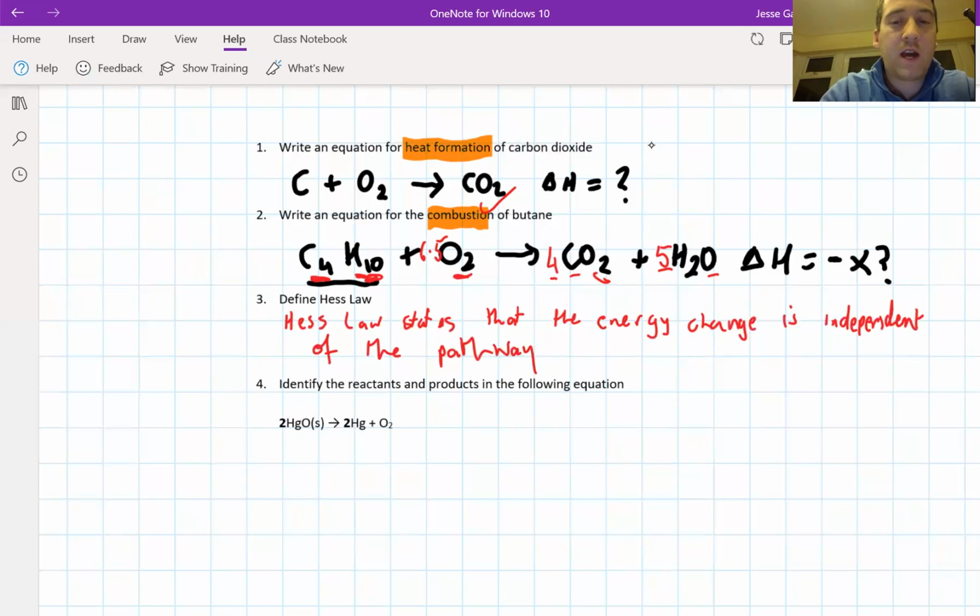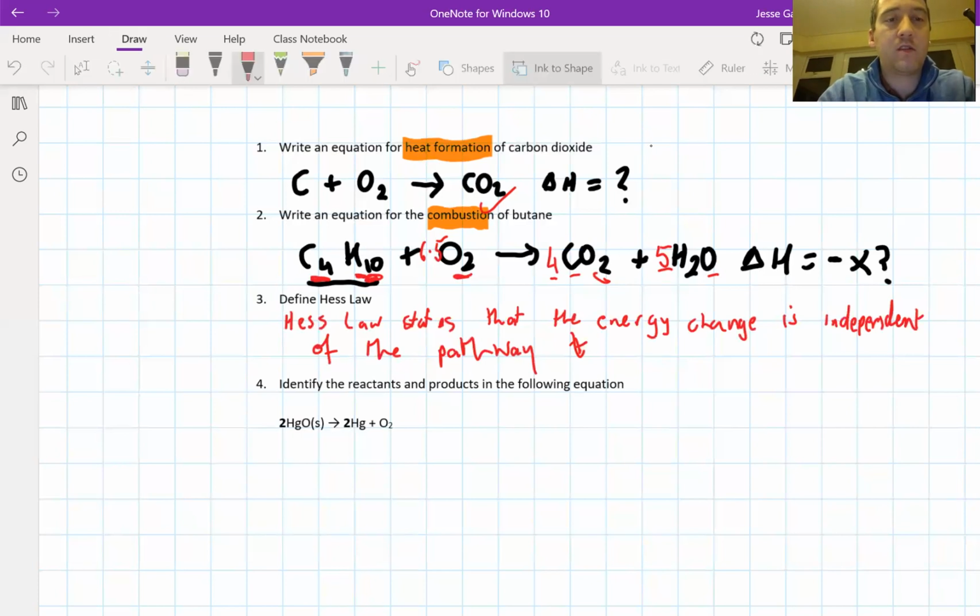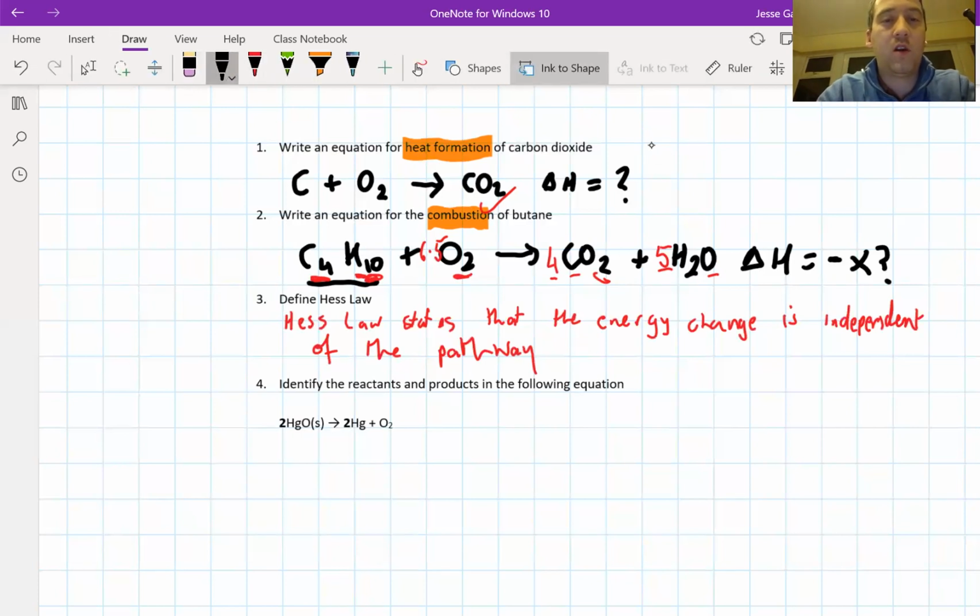So it doesn't matter if it happens in 1 step, 2 steps, 3 steps, doesn't matter. The energy change overall will always be the same. So Hess's law states that energy change is independent of the pathway taken in the reaction.